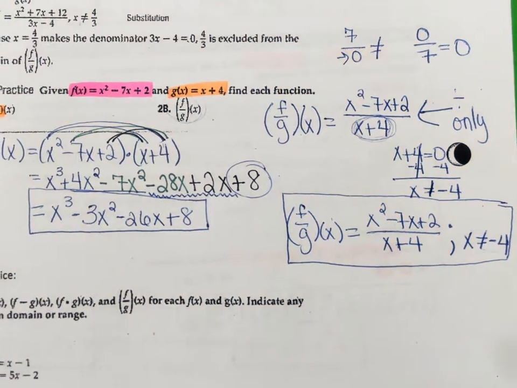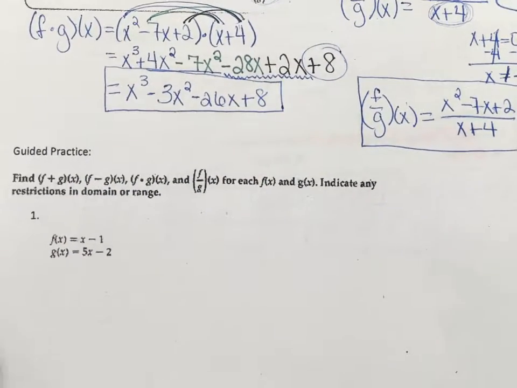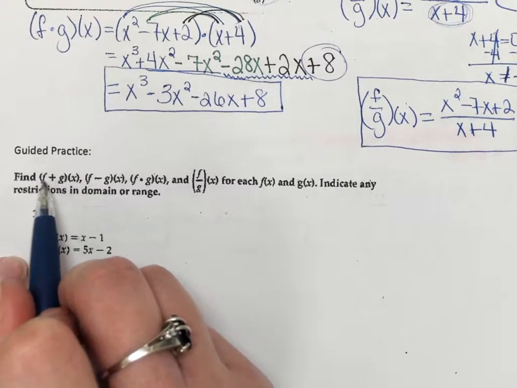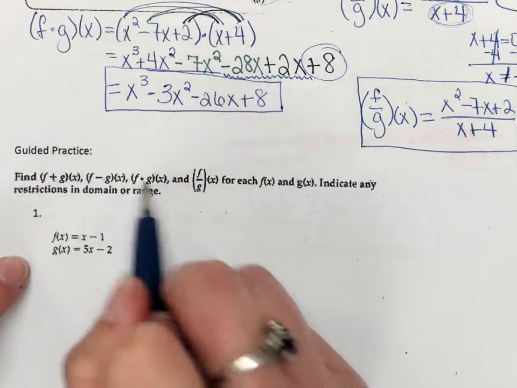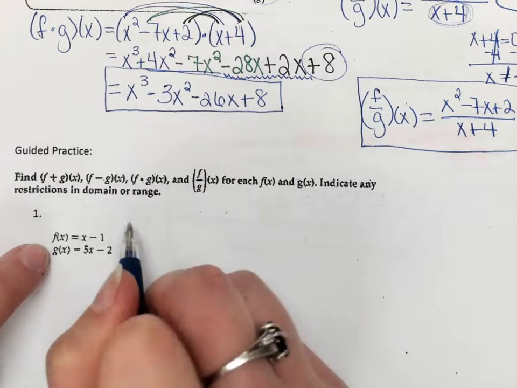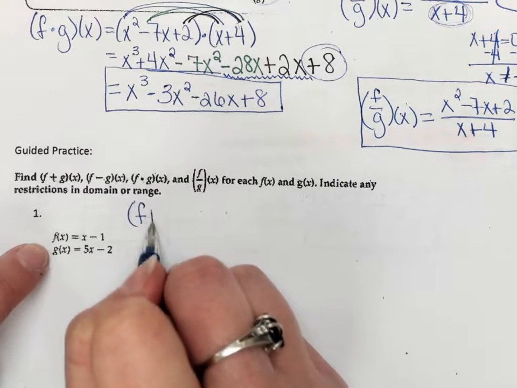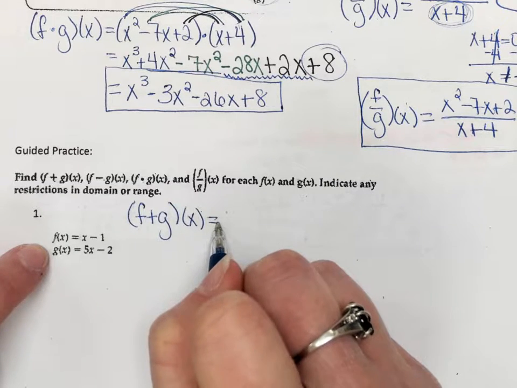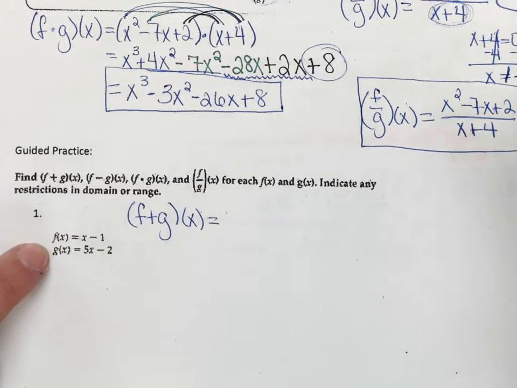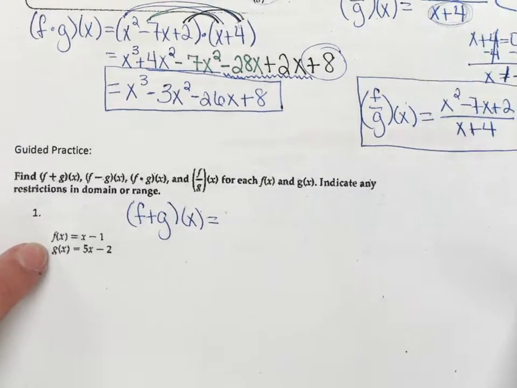All right, so let's do one more of these together. All right, so here's what we're going to do. It says find addition, find subtraction, find multiplication, and find division. So here we go. So we're going to take all of that. So we're going to do the addition first. All right, so here we go.